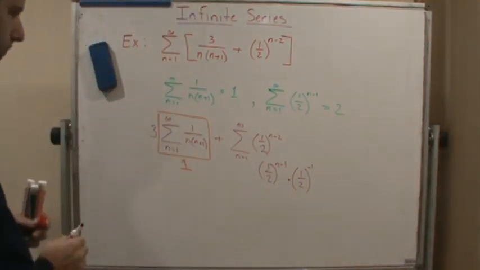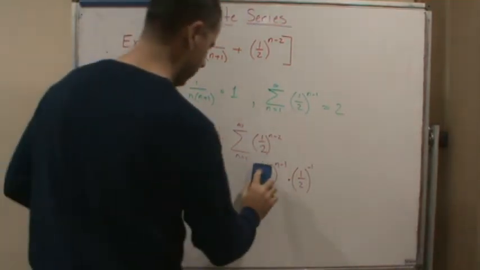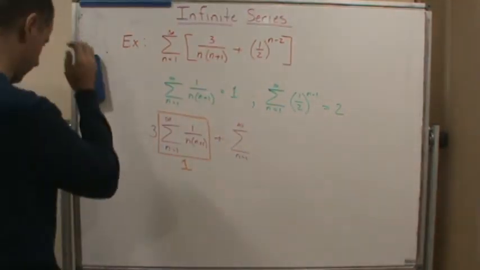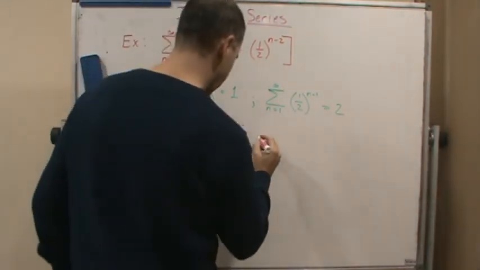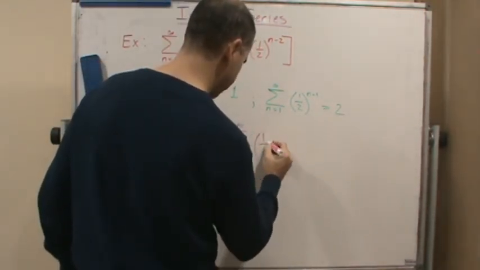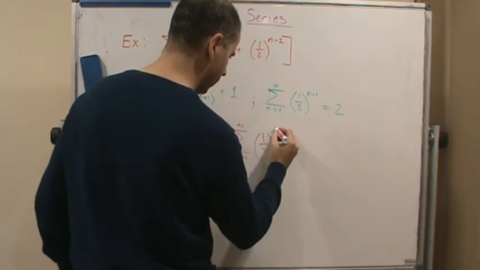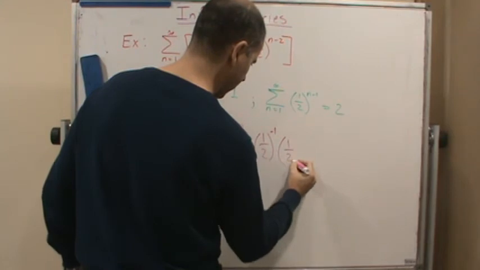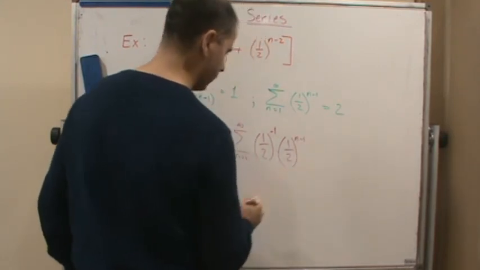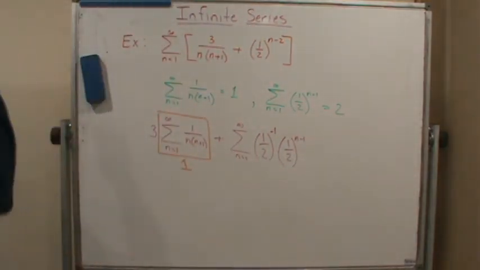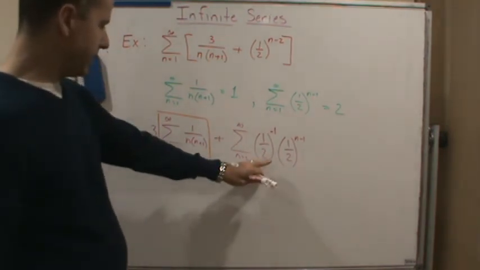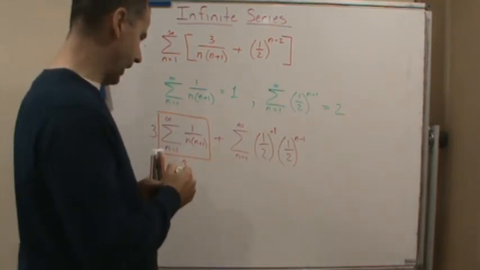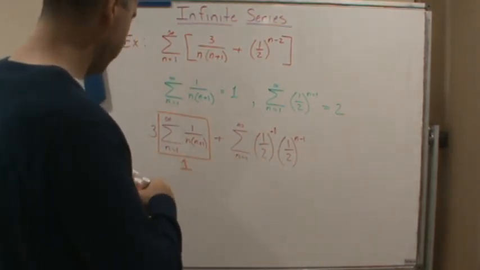Let's do that. So let's split this up and write this as 1/2 to the negative 1 power times 1/2 to the n minus 1 power. Okay, good. Now look at this. I've got a constant here, right? So I could pull that constant out in front.